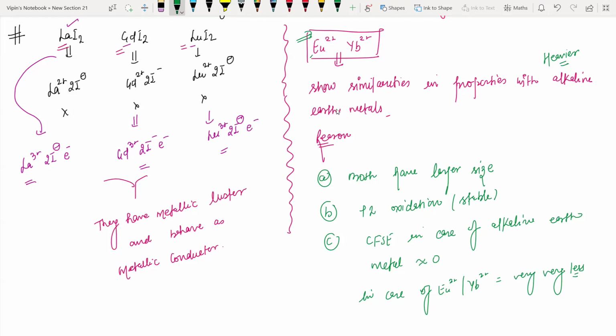Of course, f orbitals are going to split, but the interaction between the 4f orbitals and the surroundings is very, very less, so the CFSC value is very, very low. It means they don't have any role in deciding geometry, properties, or color of the lanthanides. Because of all these similarities, they have similar properties.